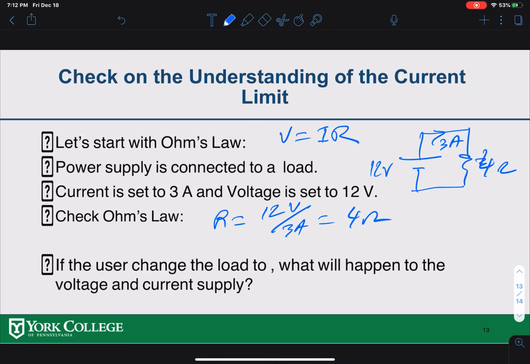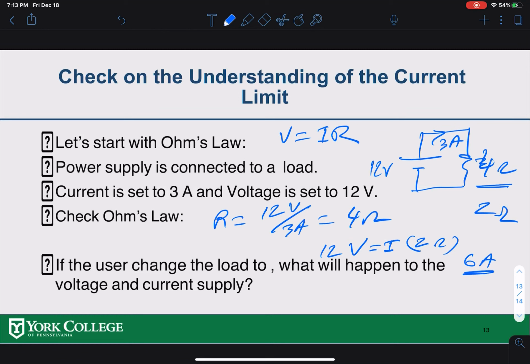Now, if you change the load to, let's say, 2 ohms, without changing the voltage, Ohm's law says that with 12 volts, your current I will be 6 amps.